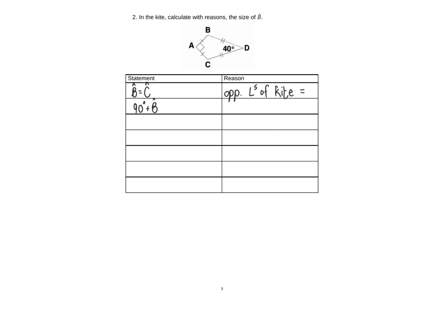So 90 degrees plus B, and I'm going to name C as B as well because they're equal, so I can replace the one with the other, plus another B angle, that's the angle over here, the C I replaced with B, plus 40 degrees, all adds up to 360 degrees, because they are the interior angles of a quad. Okay, and then 90 and 40 gives you, if you add like terms, 130 degrees.